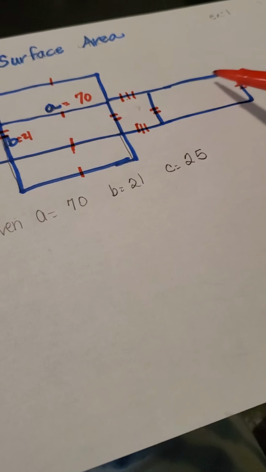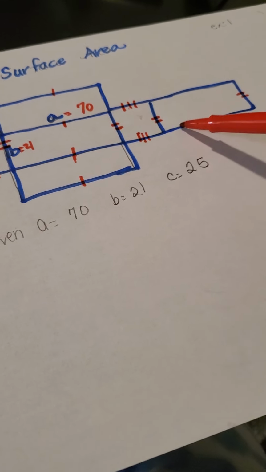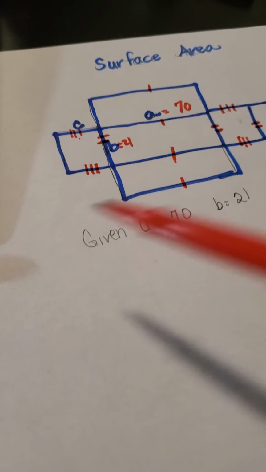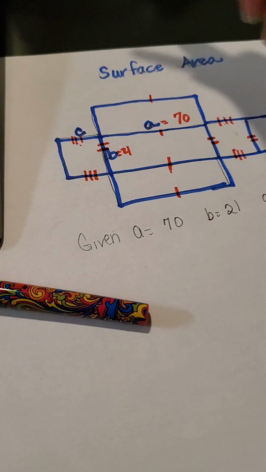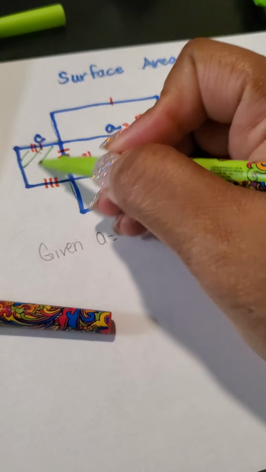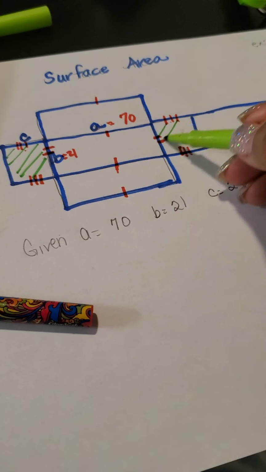So the only measure that we're kind of skeptical about is the length of this rectangle here. So I'm going to take my other pen and I'm going to identify the ones that have the same dimensions. So we have these two.